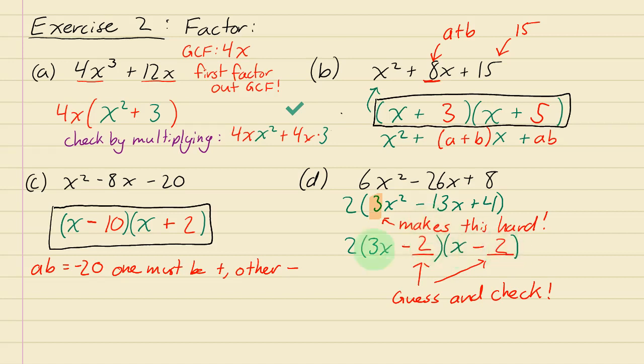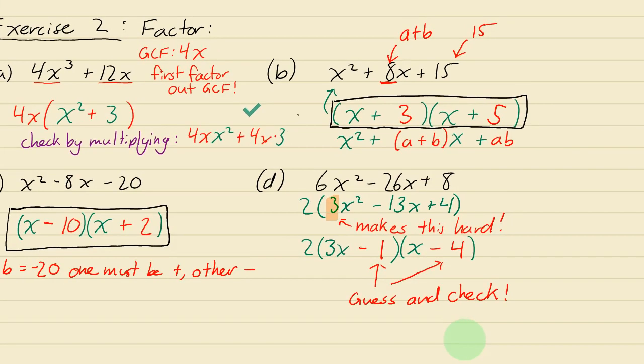It'll give you -2x minus 6x is -8x. That doesn't quite work. You can keep trying things until you end up with -1 and -4. So let's check that. If you do -x and then 3 times -4 will make -12x. That looks like it will work.